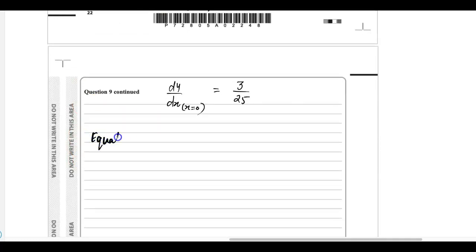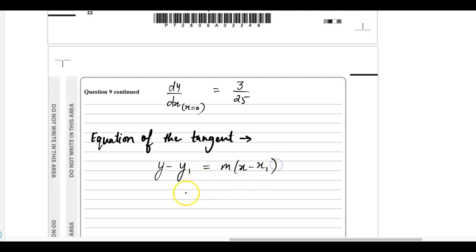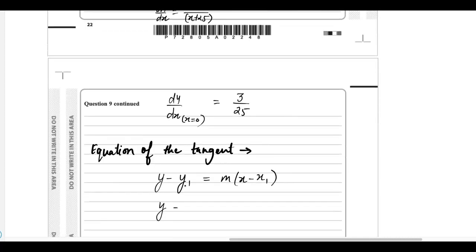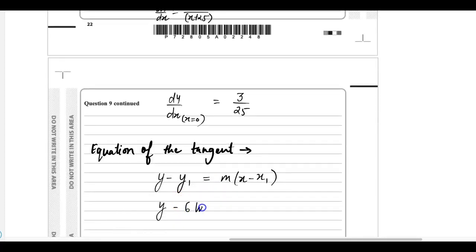So the equation of tangent is going to be y minus y1 equals m times x minus x1. Let's substitute y minus y1 as y minus 6 ln 5, that equals 3 over 25 times x minus 0.